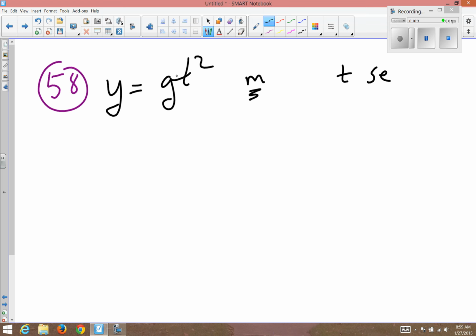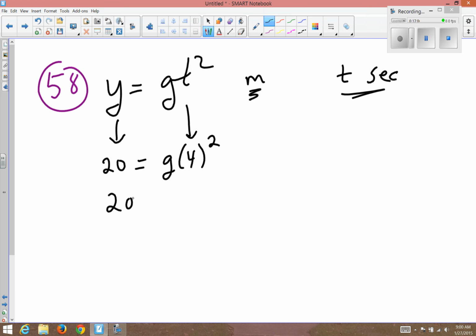The t in this formula is measured in seconds. G is some constant. Suppose the rock falls to the bottom of a crevice 20 meters. It's telling me to replace y with 20 because y is some number of meters. And it reaches the bottom in 4 seconds. T is measured in seconds.